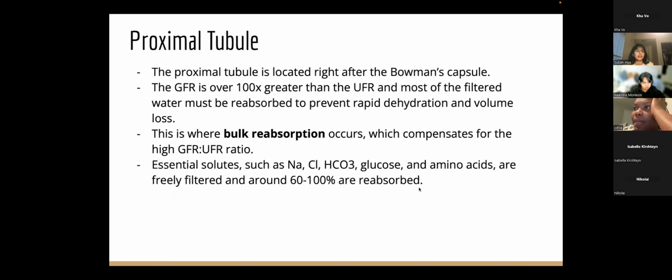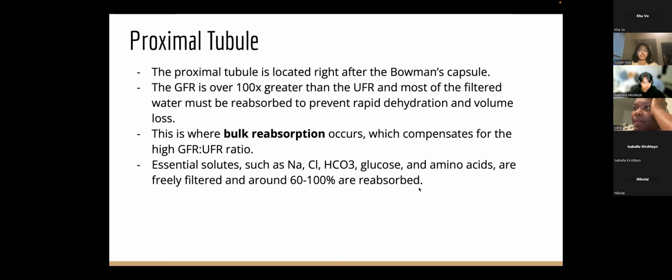Okay, so right after the Bowman's capsule, the urine is going to go into the proximal tubule. So the GFR is much greater here than the UFR, which makes sense. You're going to be filtering in a lot more fluid than you're going to be excreting.